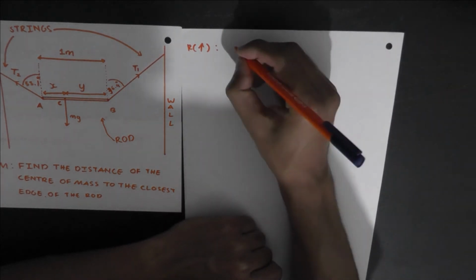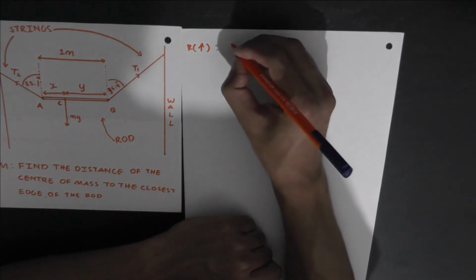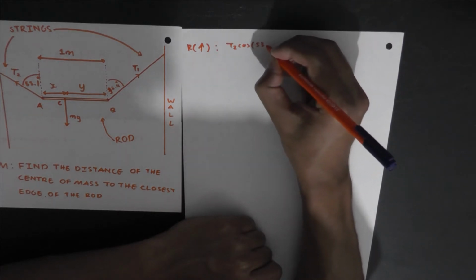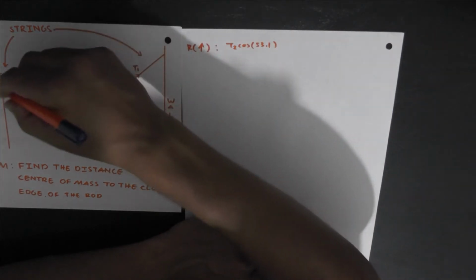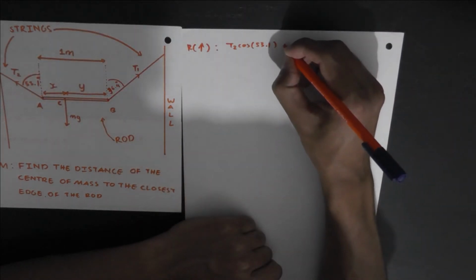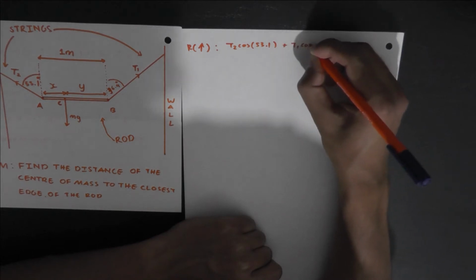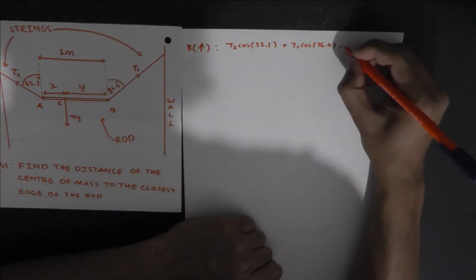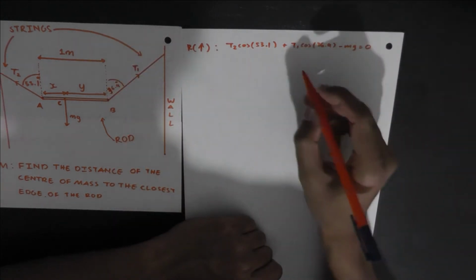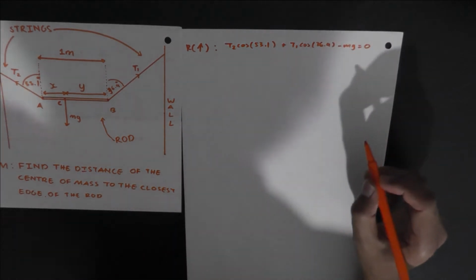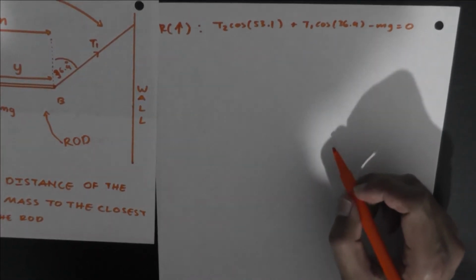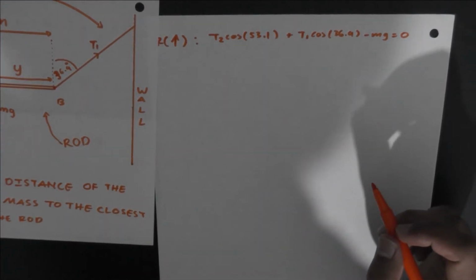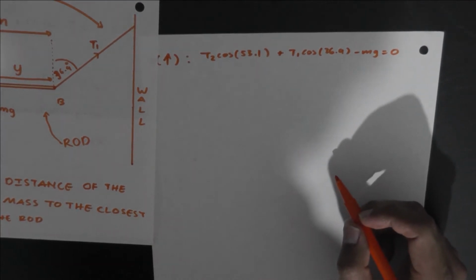Okay, so let's first resolve upwards, and we've got the vertical component of each force. So T2 cos 53.1, that's that component of the force, plus T1 cos 36.9, that's that component, minus mg equals 0, because this is F equals ma, and in this case the rod's not really moving upwards or downwards or left or right, so our acceleration is 0.